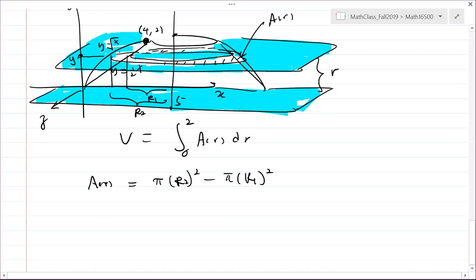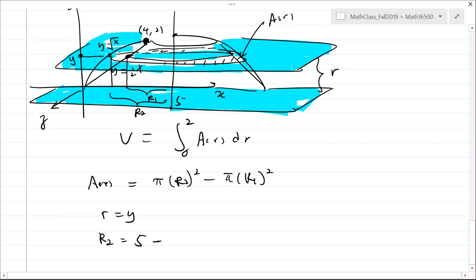But look at this fixed y here. R is going to be y, right? No problem. And what is R2? R2 is going to be 5 minus the x coordinate at that point.